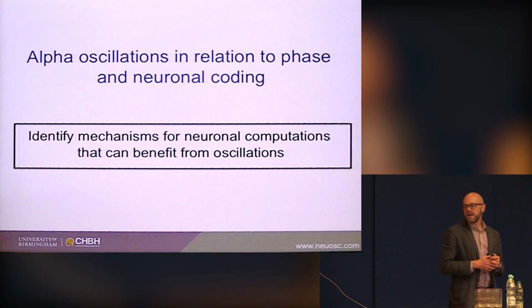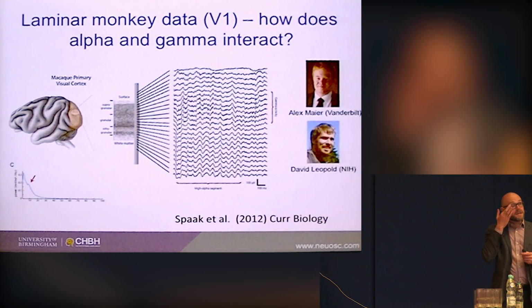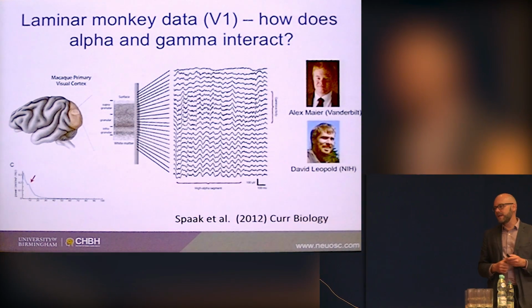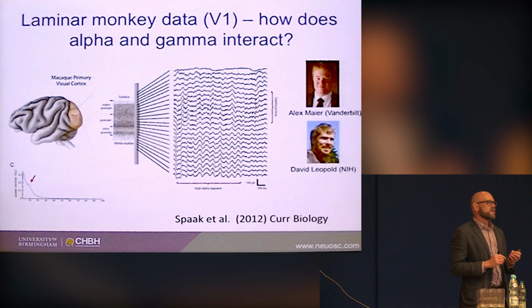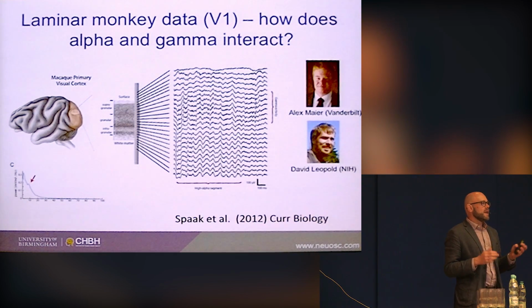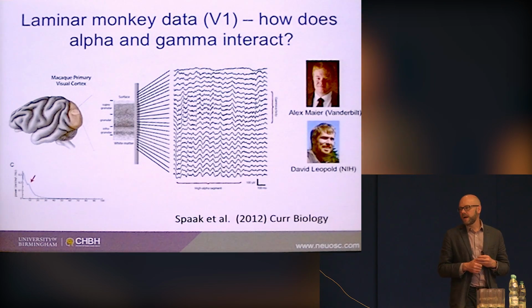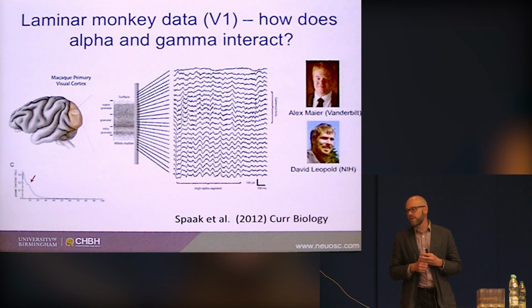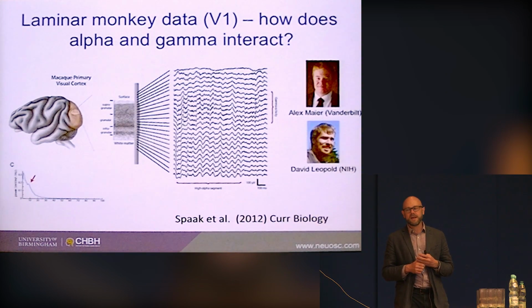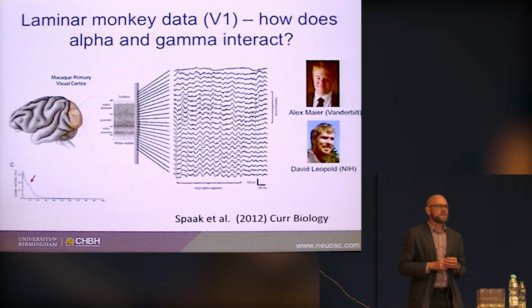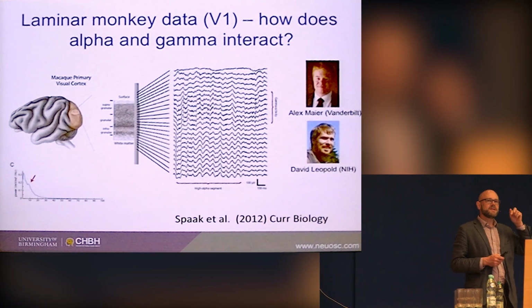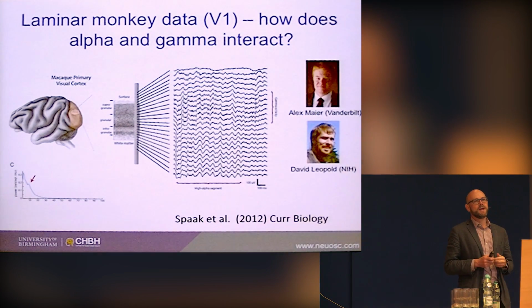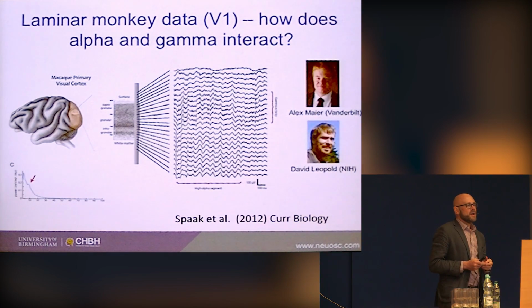So the first study I'll show you is actually not a human study, but data from monkeys. This is a study on laminar data recorded by Axel Meyer, back then working with David Leopold at the NIH. What they did was implant laminar electrodes in early visual regions, in V1, right?